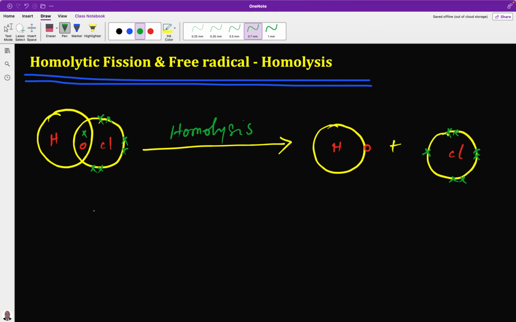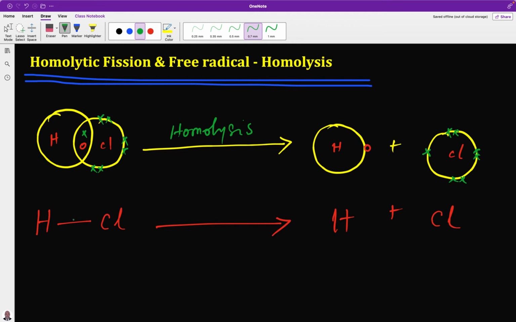I could still represent it in equation form. When the covalent bond here breaks, it breaks evenly.